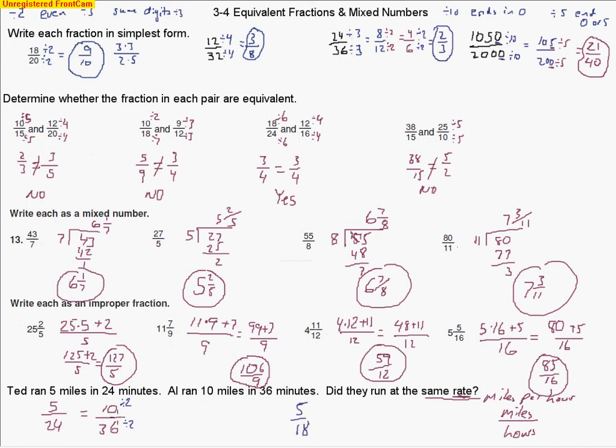So this is reduced. I can't reduce that anymore. Looking at the next one, 5 over 24, well, that does not reduce. So does 5 over 24 equal 5 over 18? No, so they did not run at the same rate.